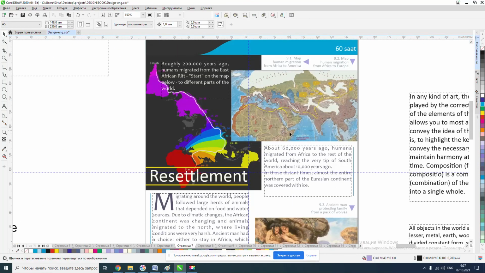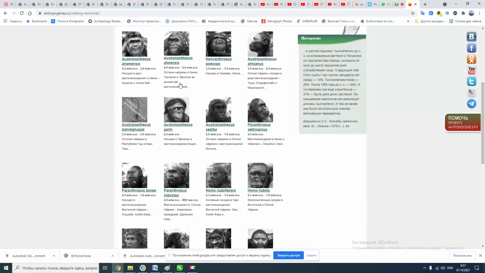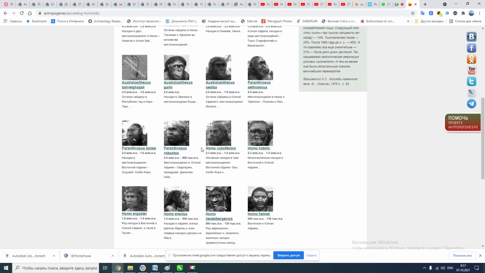And if we go here, we can see the first humans, those kinds of hominids. We call them hominids because it is the name of our group of species, like dog, wolf, and so on.